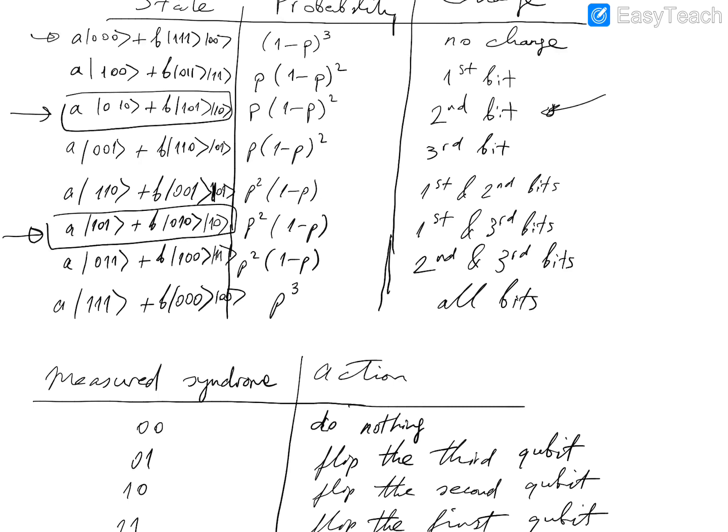So the probability of Bob receiving this state is p(1-p)^2. But the other probability, having this state, is p^2(1-p). So it's more likely that Bob has this state instead.